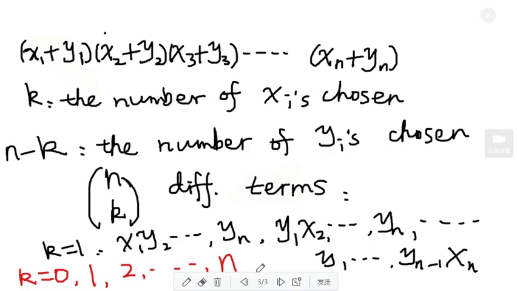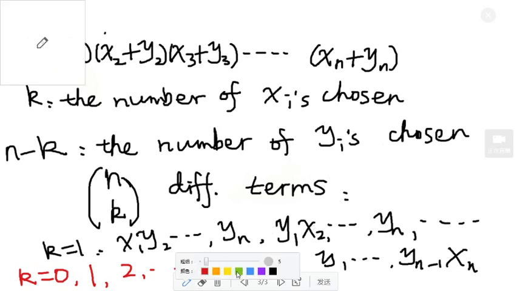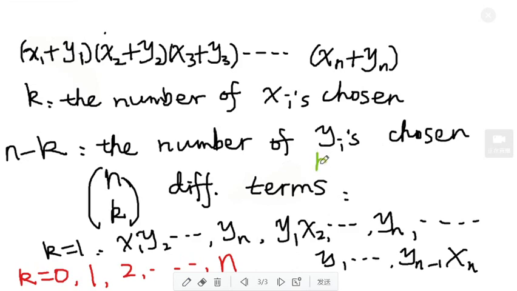So when k equals n, you only have one term. What is this term? You are going to have all the x. Make sense?